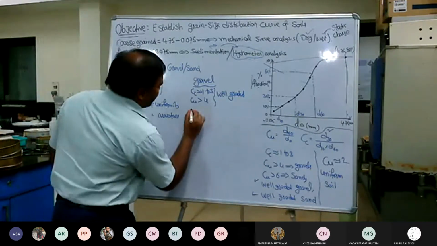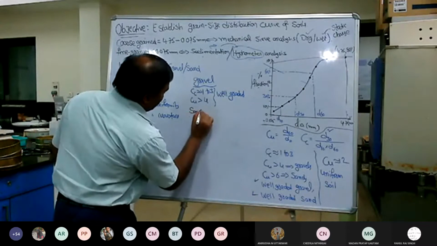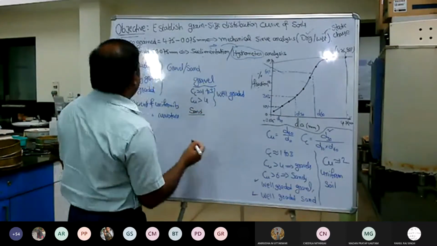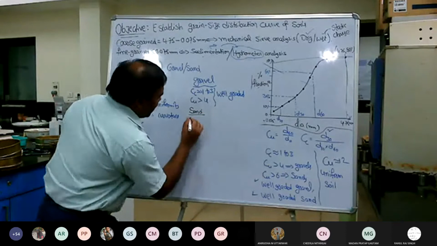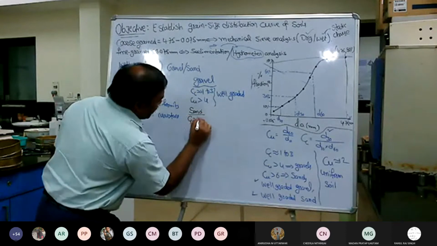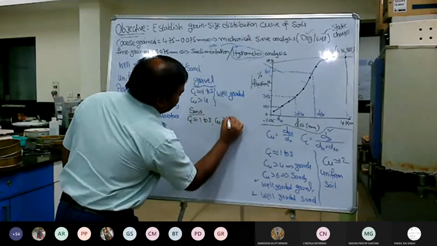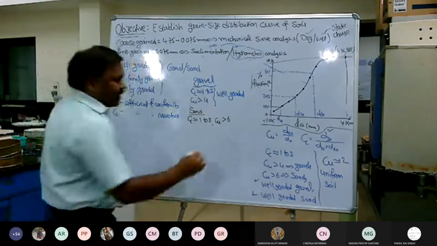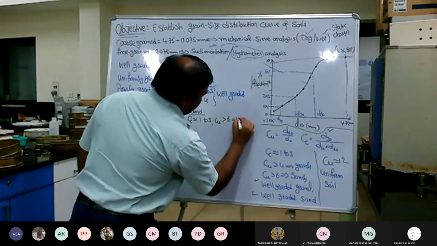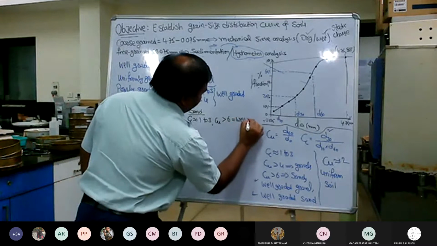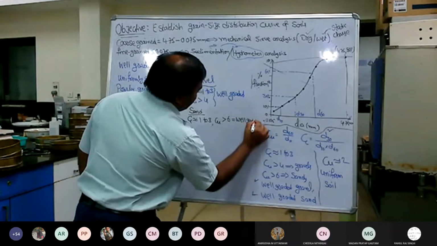for sand, you can see the Cc again should lie between 1 and 3 and Cu should be greater than 6. Then this soil is called a well-graded sand.